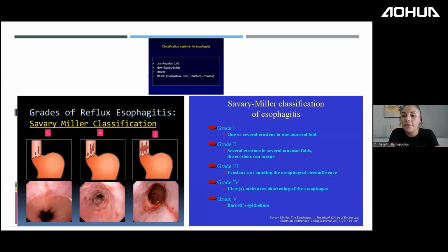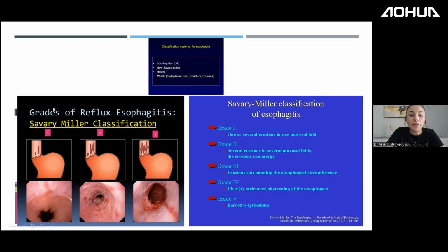And in terms of classification of the esophagitis, this is an extrapolation from the human book references. It's the Los Angeles. There are a lot of other indexes as well, the Los Angeles, the Savary-Miller. I tend to use the Savary-Miller because it's more descriptive.